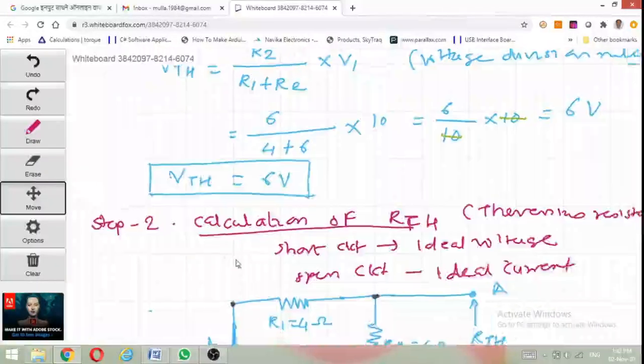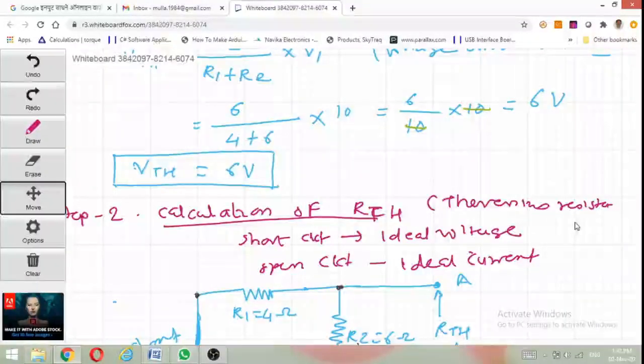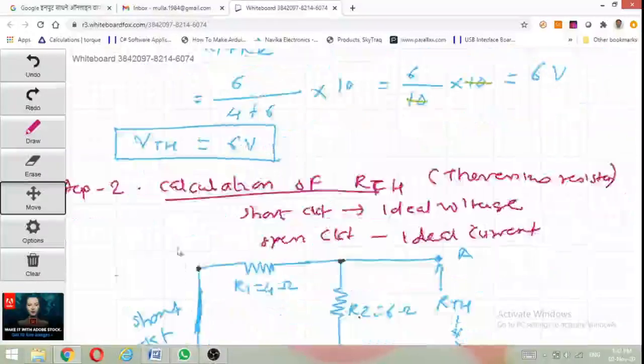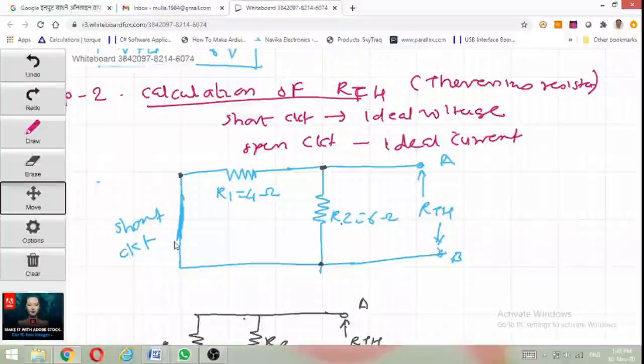Okay, then step number 2, calculation of RTH, which means Thevenin's resistance. Thevenin's resistance is short circuit resistance for an ideal voltage source, and open circuit resistance for an ideal current source. Here is an ideal voltage source, so we will short circuit the terminals of the voltage source.